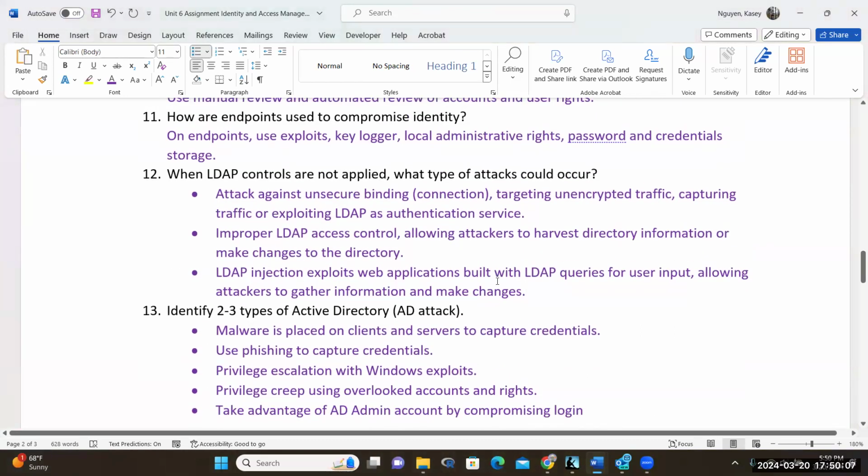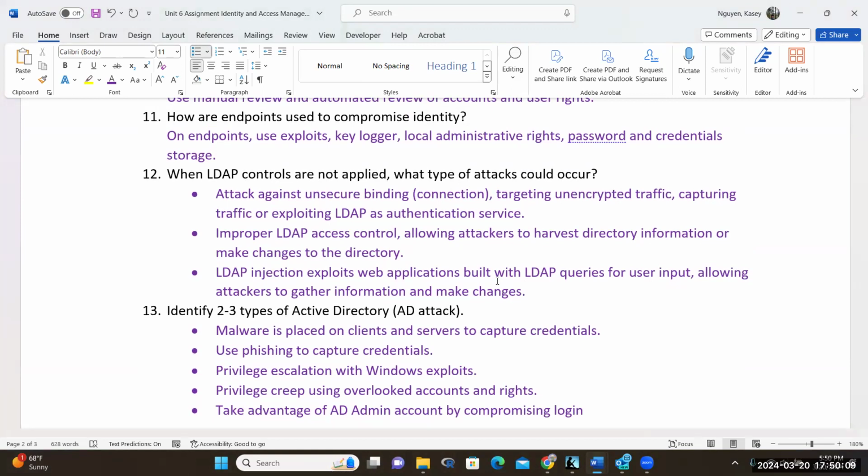Okay, so since anything that we use could potentially be attacked, right? You already know that. You just have to assess the risk for the things that we use and then find potential flaws in them or existing flaws and then try to reduce them. So for Lightweight Directory Access Protocol, when are they not applied? And what type of attacks could occur?